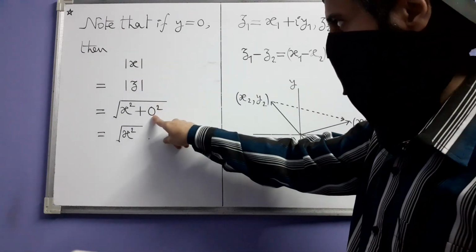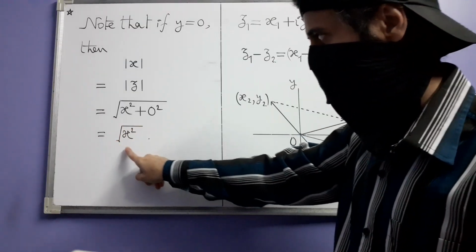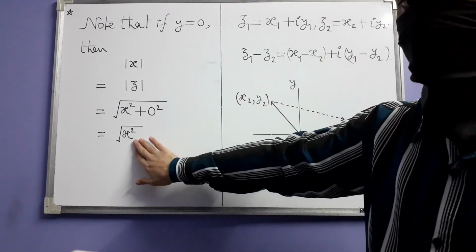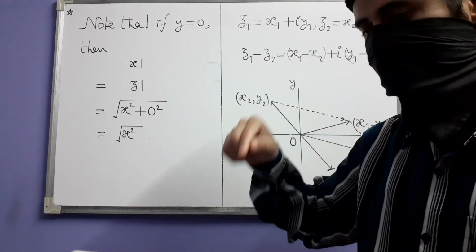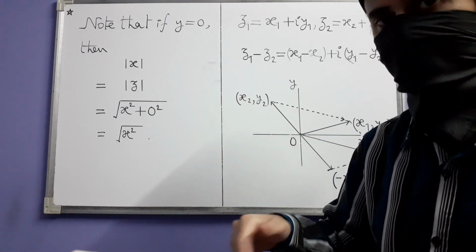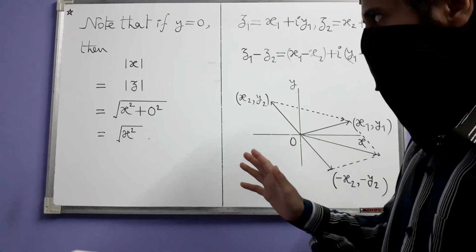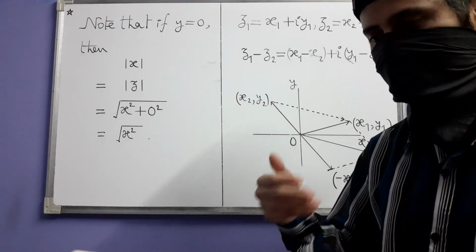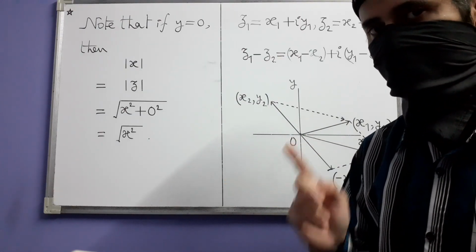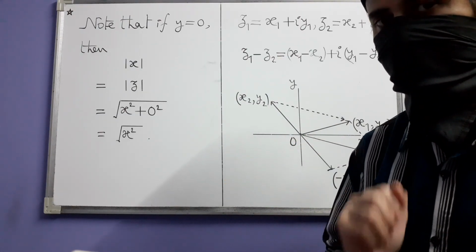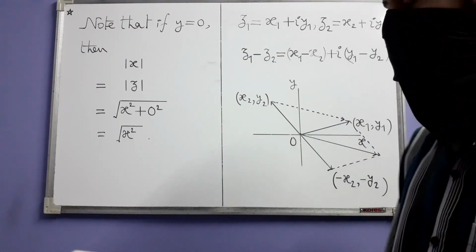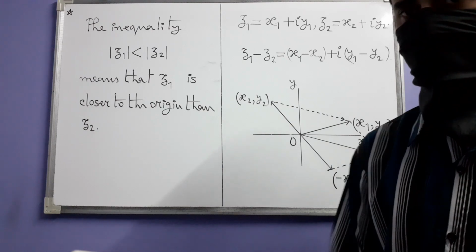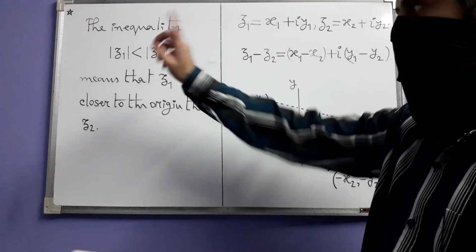So we apply that definition, but then that gives us this in this special case, which we already know from calculus equals the absolute value or modulus of the real number x. So that means this definition of modulus of complex numbers is a generalization of our familiar definition of modulus of real numbers.